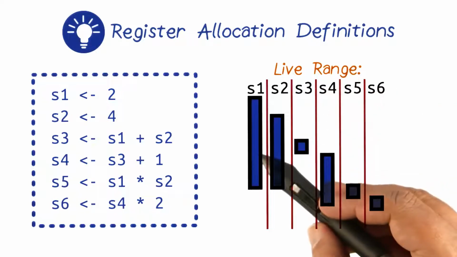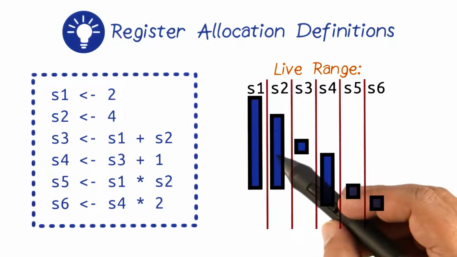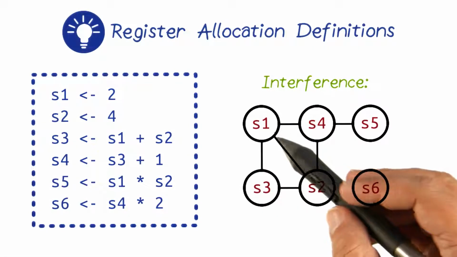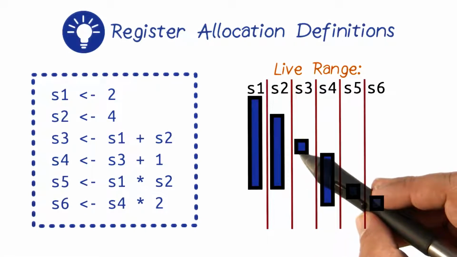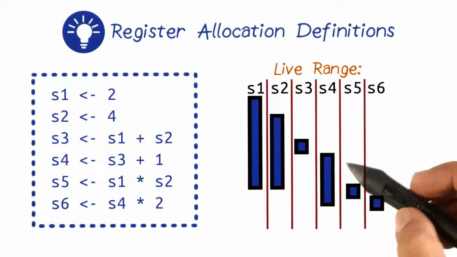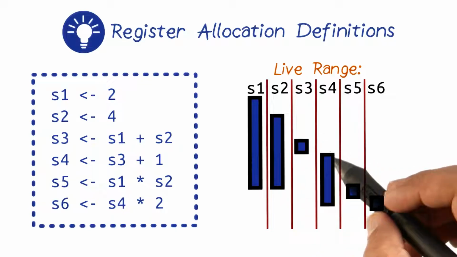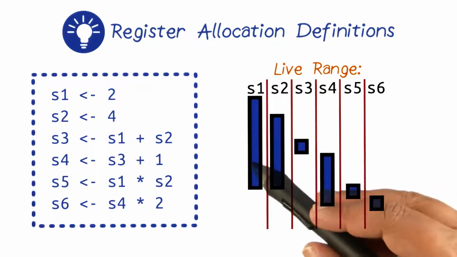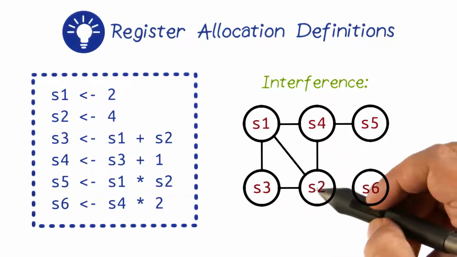For example, S1 and S2 interfering is shown through an interference graph as follows. S1 and S2 interfering is shown by this particular edge. Similarly, S2 and S3 are interfering, and if you notice this, S4 is interfering with S1 and S2. So S2 and S3 should have an edge, and S4 should have an edge with S1 and S2. So S3 has an edge with respect to S1 and S2.